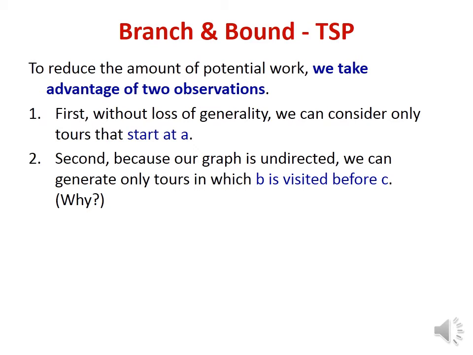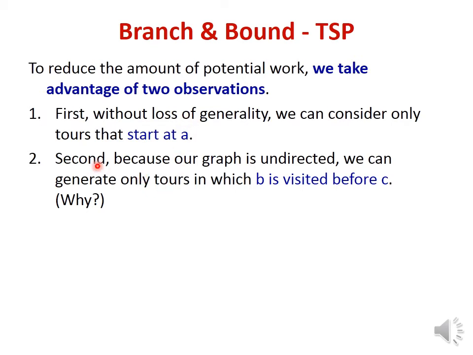To reduce the amount of potential work, we take advantage of 2 further observations. Number 1, without loss of generality, we can consider only tours that start at A. Since we have only 5 nodes here, the traveling salesman can start with any node, so let us say the source is A. That is one assumption we are taking.